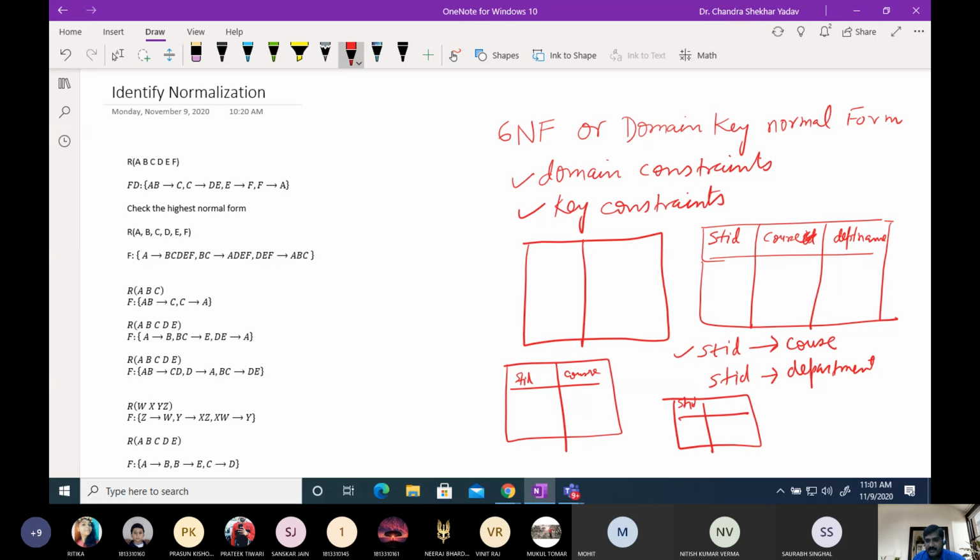Then student ID and department name. So this student course table is in sixth normal form, and this is also in sixth normal form. Why? There are only 2 columns. One column represents the key constraints and another column represents the domain constraints. So this is the sixth normal form or domain key normal form.